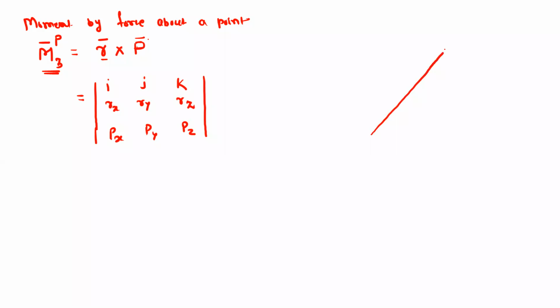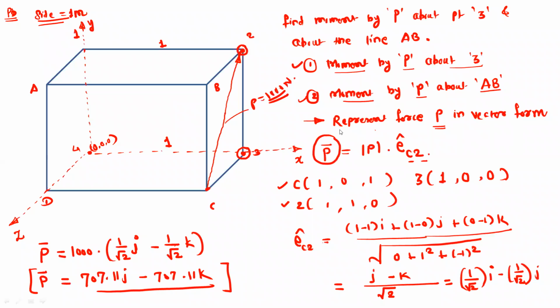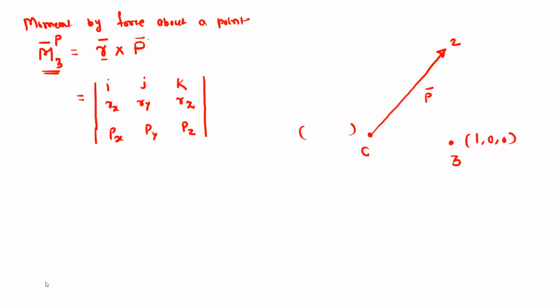So this is the simplified diagram. So this is force vector P bar. Okay, so it is from point C to point 2, and we have to take the moment about the point 3. So 3 is somewhere here. It has the coordinates 1, 0, 0. Point C has the coordinates 1, 0, 1. Okay, so this is the position vector with respect to the point 3, that is the moment point.